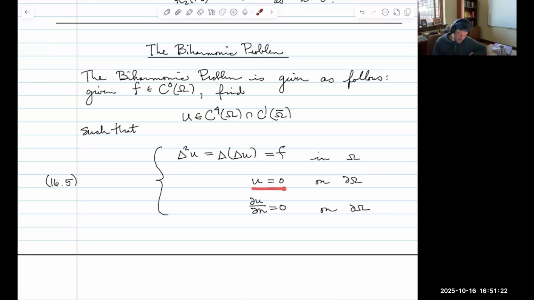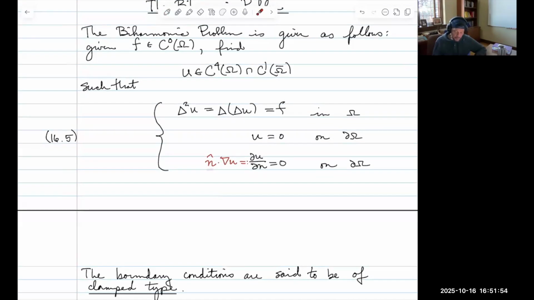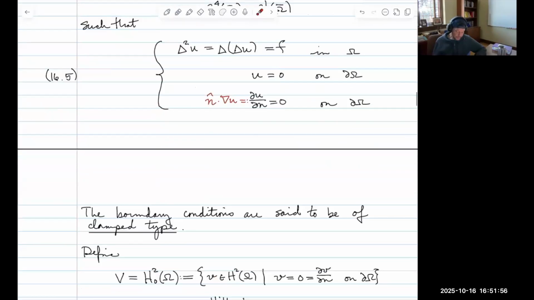The first one is homogeneous Dirichlet, and the second one is homogeneous Neumann: the normal derivative of u equals zero on the boundary. This is what we usually mean by normal derivative, so that's n dotted with the gradient of u. That's how we define that object. And of course, n is the outward pointing unit normal on that boundary, as usual.